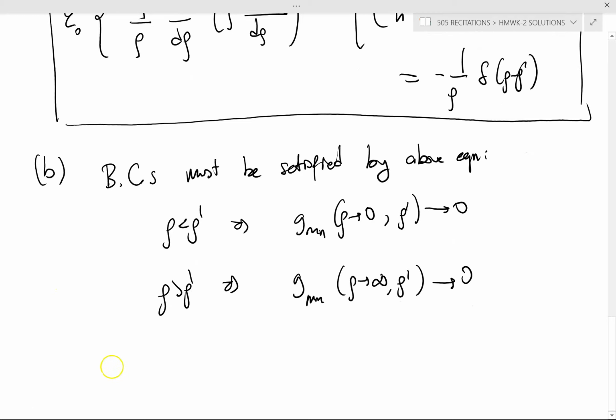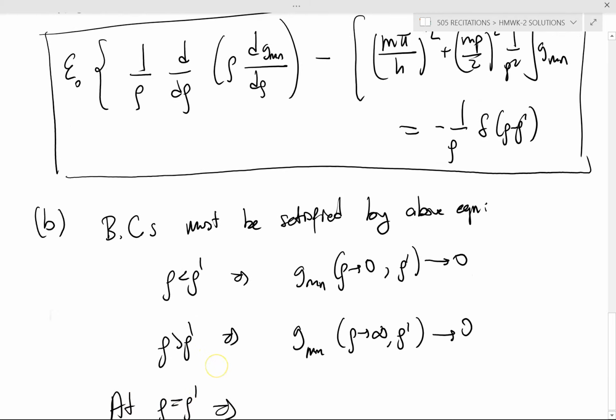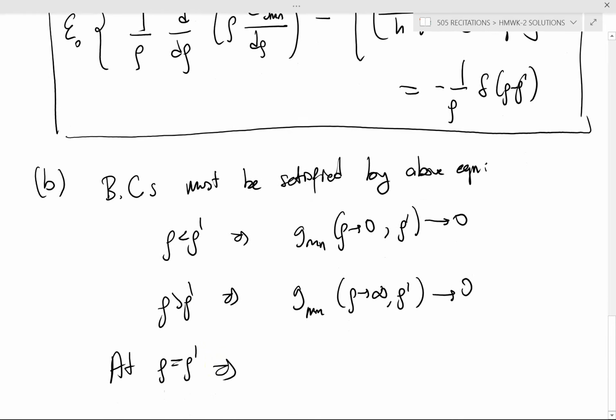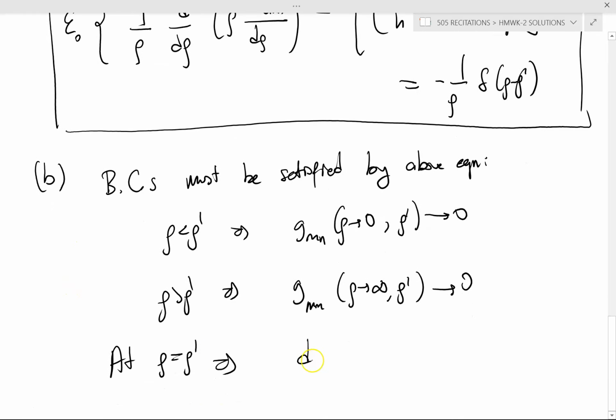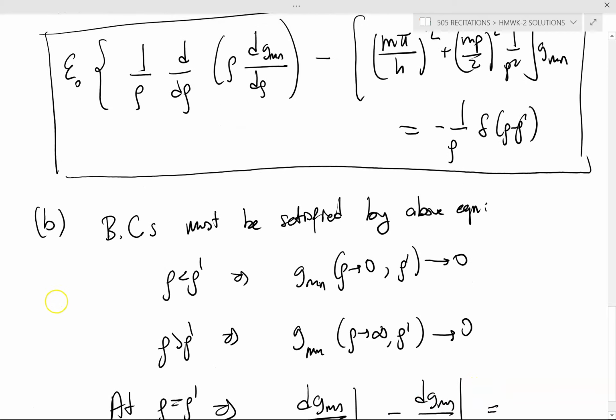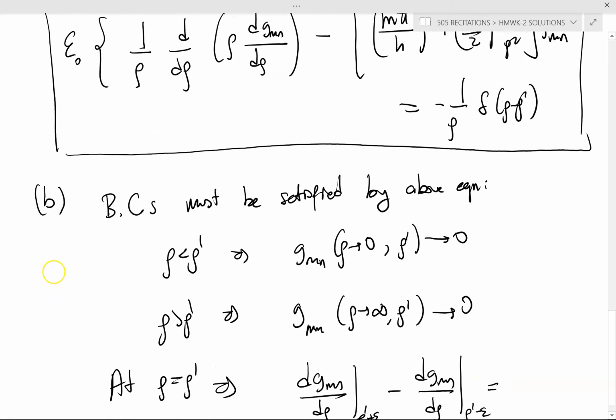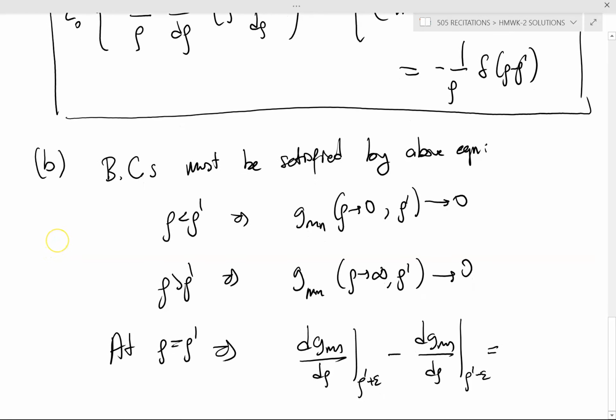Furthermore, at rho equals to rho prime, we also need to satisfy the following: d g mn over d rho at plus minus d g mn divided by d rho at minus must be equal to what? This shall cancel. Minus 1 over rho prime E0.